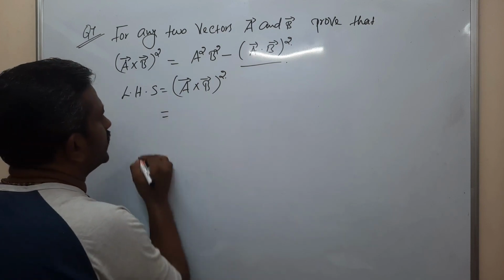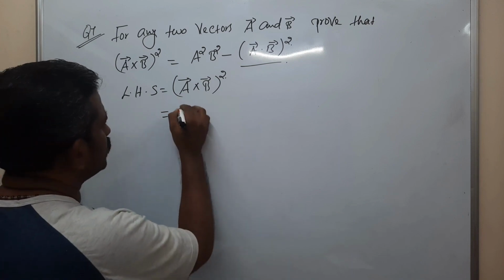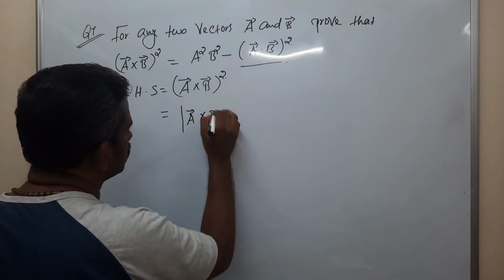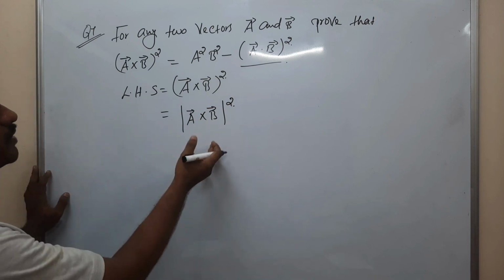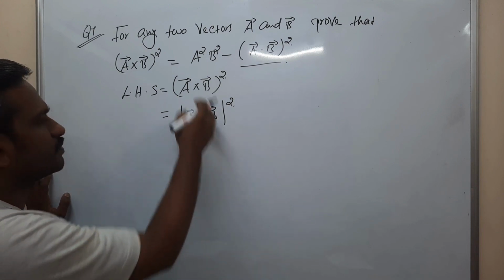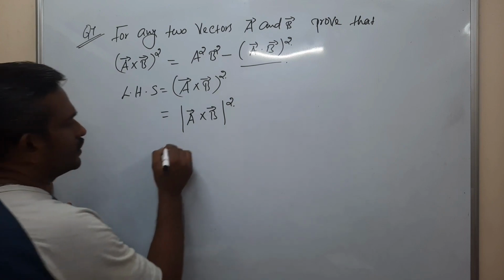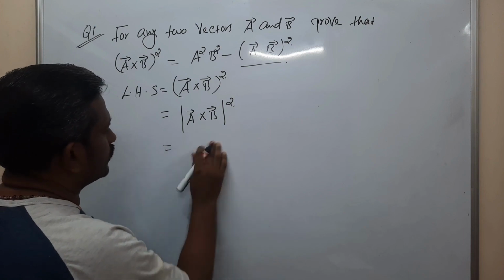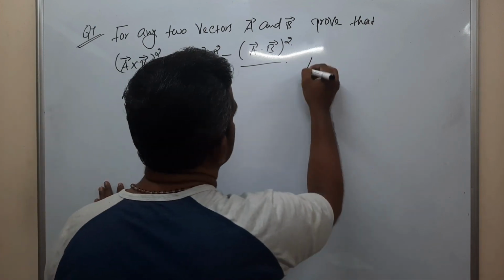So this I can write as modulus of A vector cross B vector, the square. This is nothing but the modulus of A vector cross B vector. Okay, what is A vector cross B vector?